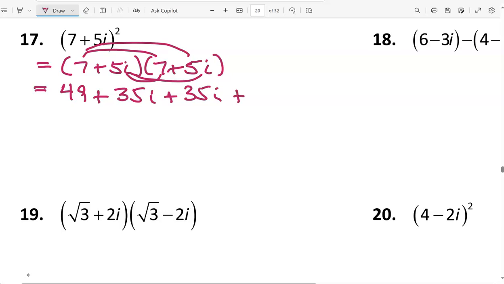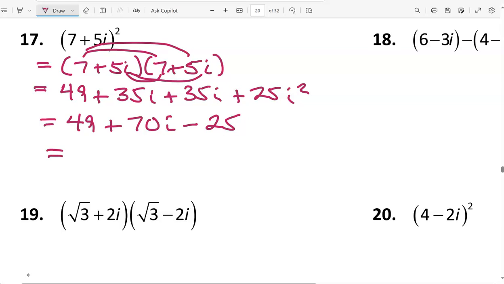And 5i times 5i is 25i squared. So that gives us 49 plus 70i. And then 25i squared is 25 times negative 1, which is negative 25. So now adding the real parts together, 49 and negative 25 are 24, so final answer is 24 plus 70i.